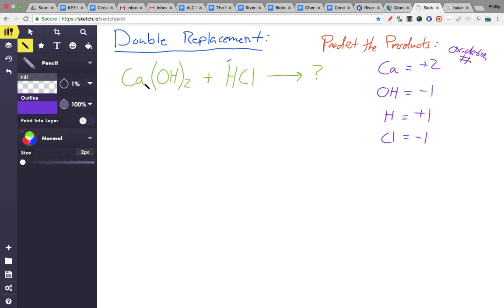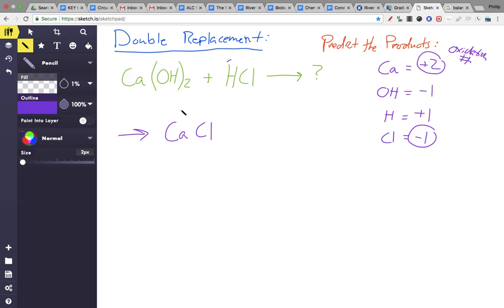Calcium and hydroxide are going to split. Hydrogen and chlorine are going to split. How do we know who ends up with whom? Look to the positives and negatives in those groups. Since calcium is a positive number, it's going to be looking for another negative partner. It's already with hydroxide, but it could also match with chlorine if they split. So in our products, we have calcium and chlorine together.